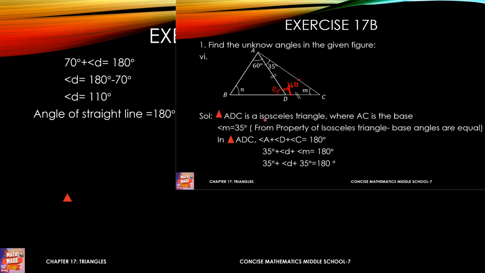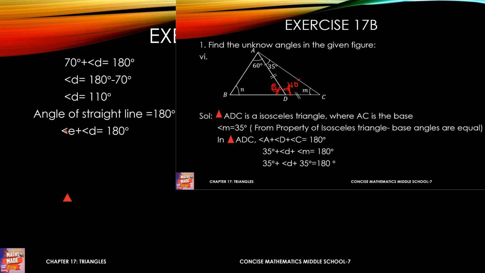Here, this part I have considered as E. So for this straight line, if you add E plus 110, that is D. We have mentioned this as D previously. So E plus D is equal to 180 degrees.